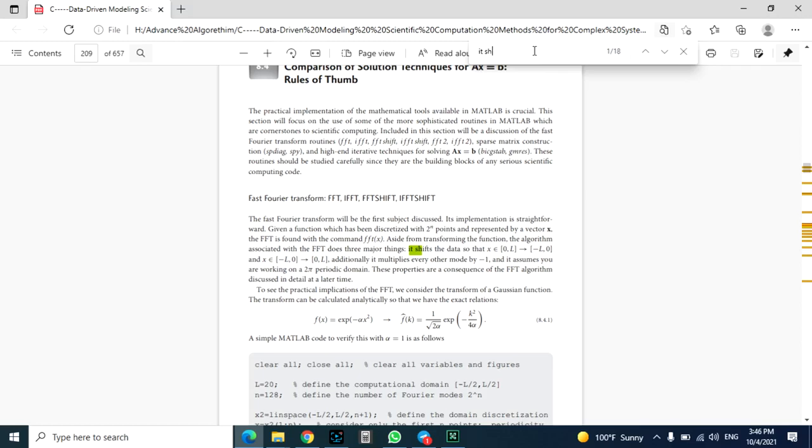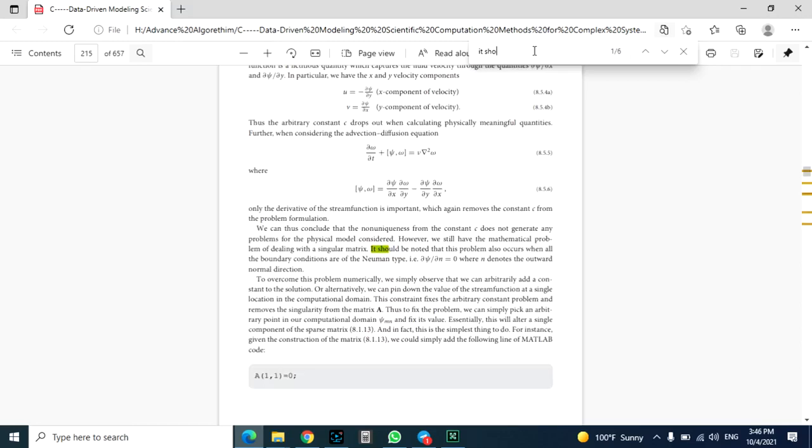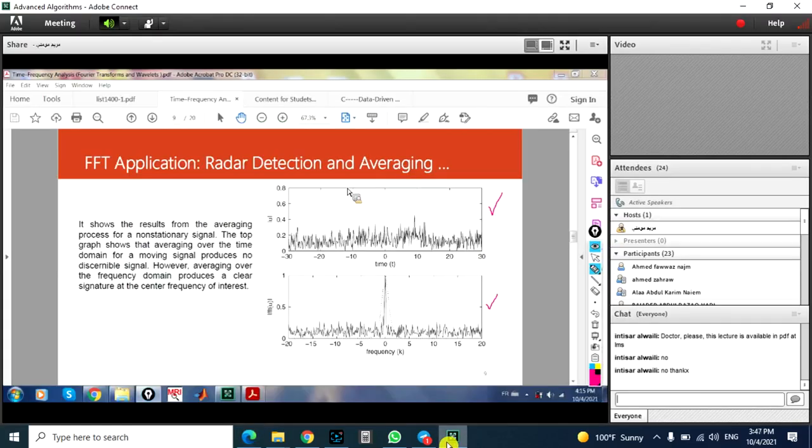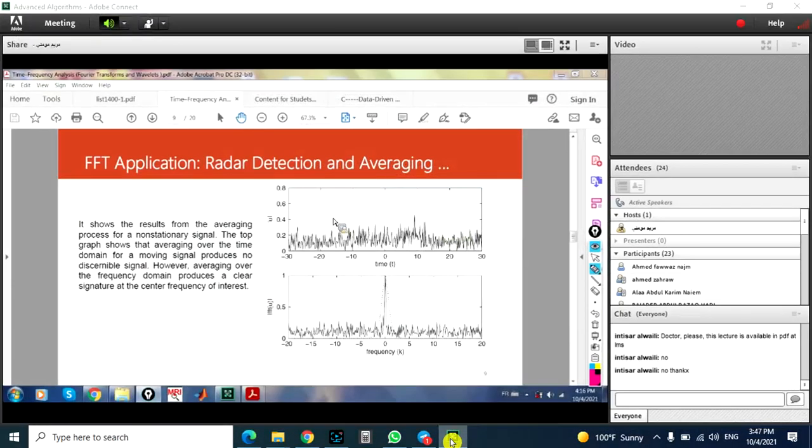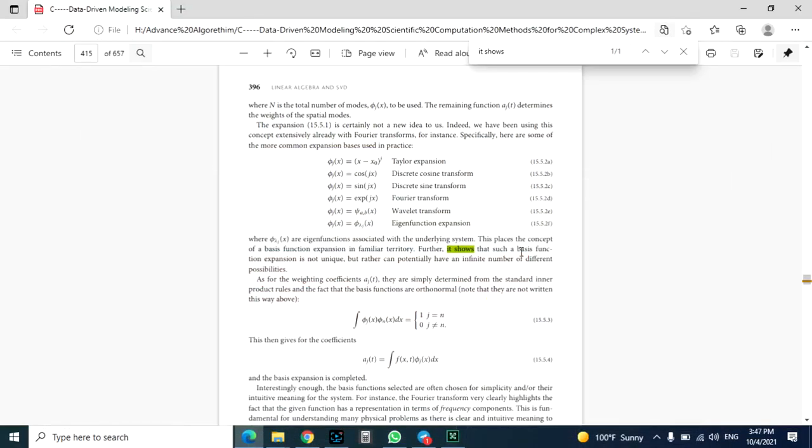The code is the explanation of this. Complete the code and achieve this diagram that I explained. Okay.